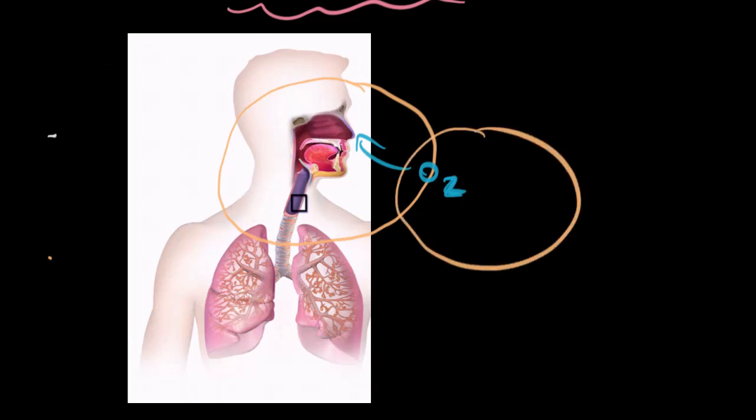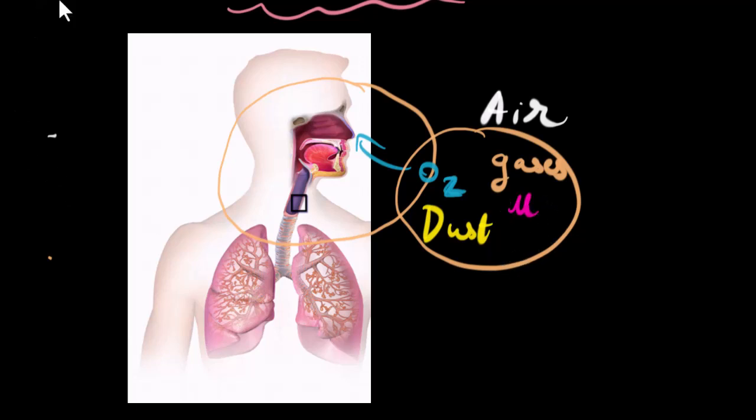It's something we call air, but air contains a number of other things. It also contains other gases like nitrogen, carbon dioxide, carbon monoxide, but also some dust particles, some microorganisms, and a number of other solid waste that we wouldn't necessarily consider useful.